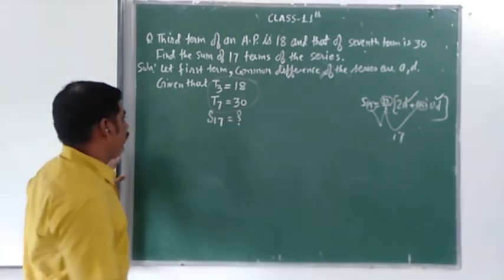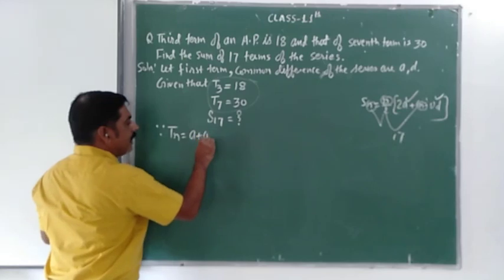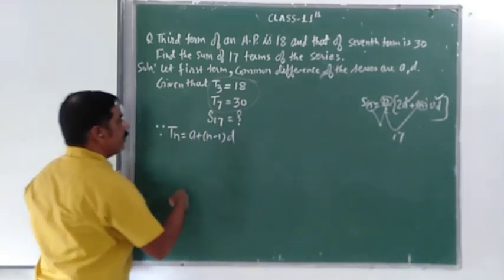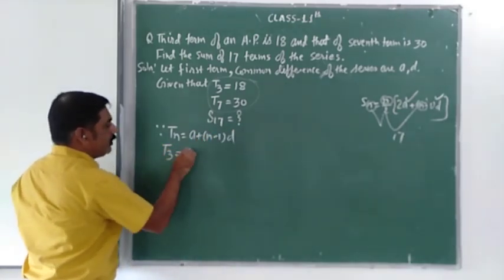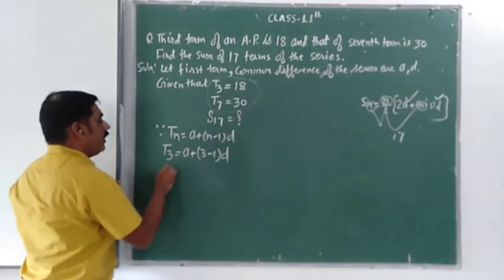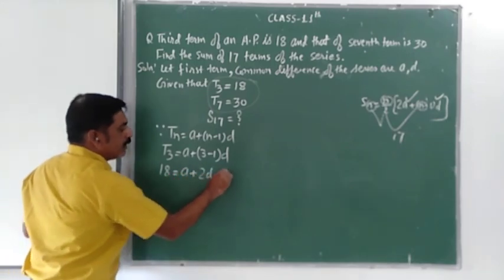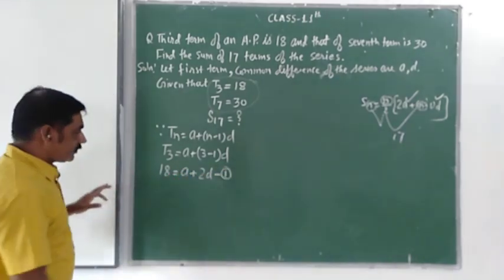Clear? Since Tn is equal to A plus n minus 1 into D, so T3 is equal to A plus 3 minus 1 into D. The value of T3 is 18, so A plus 2D is equal to 18. This is equation number 1.